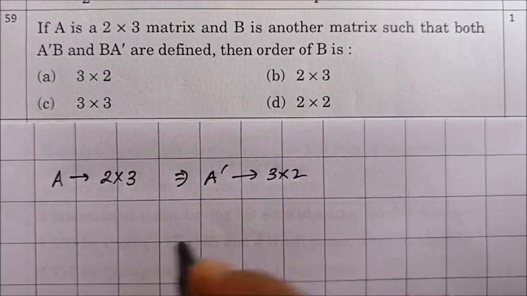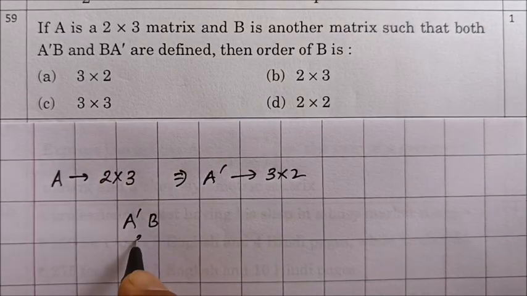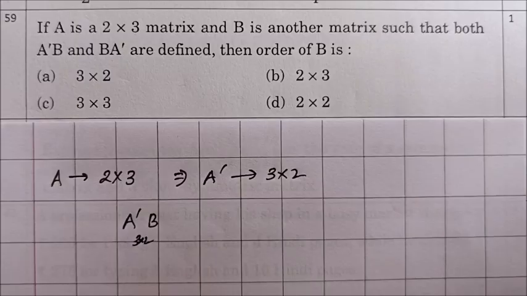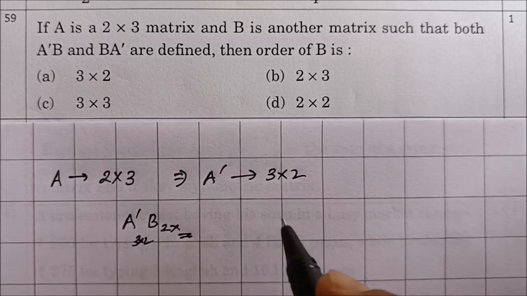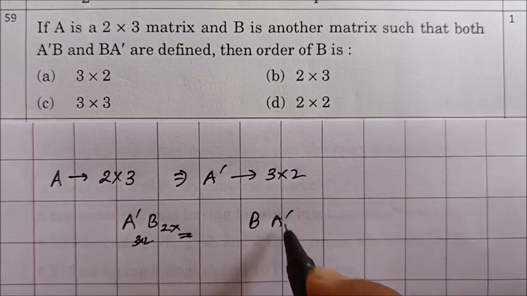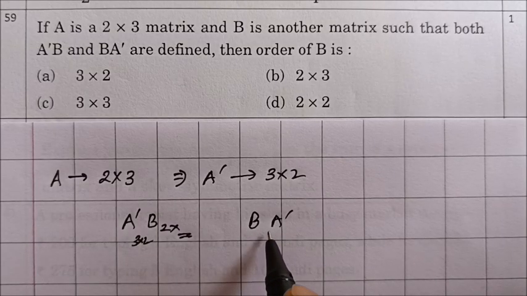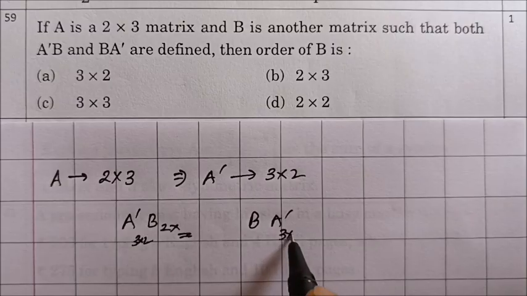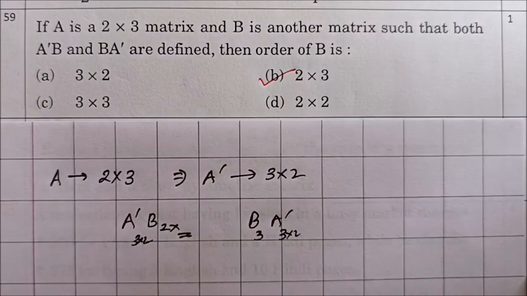Now when A dash B is defined, if this order is 3 by 2, that means the number of rows in B will be 2, by something. And if B A dash is defined, that means the number of columns, here it is 3 by 2, the number of columns will be 3. That is, B is of order 2 by 3. The answer is 2 by 3.